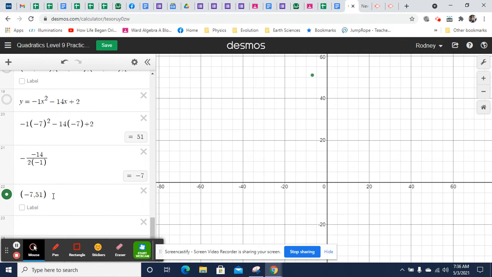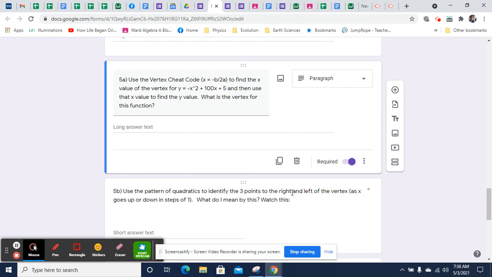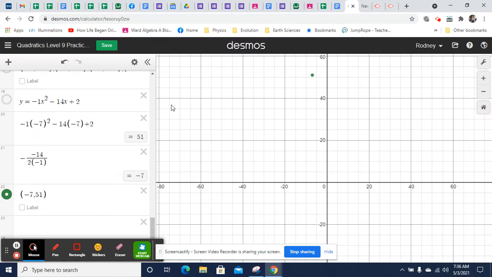Now, I have asked you to find the 3 points to the right and 3 points to the left as x goes up or down in steps of 1. So when I say x going up in steps of 1, that means on the right, I'm going to go up by 1 to -6, comma something. And then I'll go to -5, comma something, and -4, comma something.